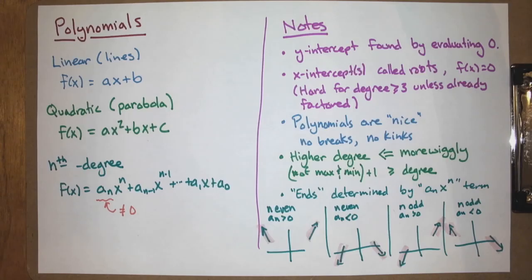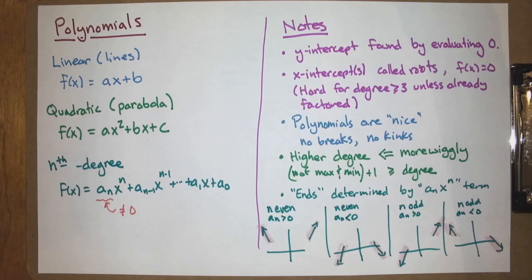Just count that, and then add 1 to your count. Your degree has to be at least that number. So for example, for a parabola, you've got 1 min or 1 max, depending upon whether it's upside down or right side up. Add 1. That means the parabola needs to have at least degree 2.